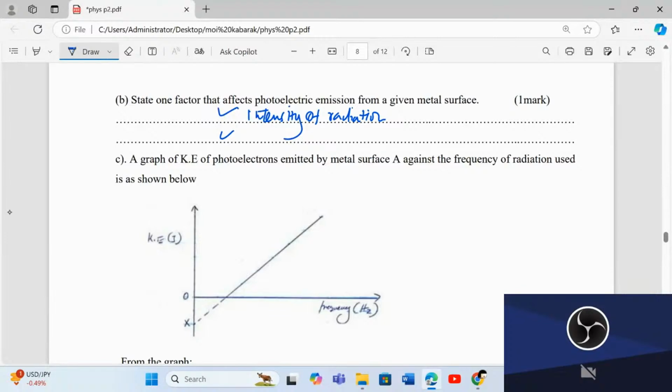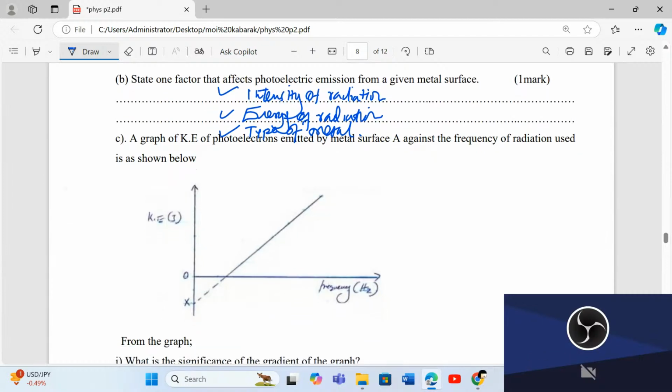Number two, we have energy of radiation. And number three, we have type of metal.